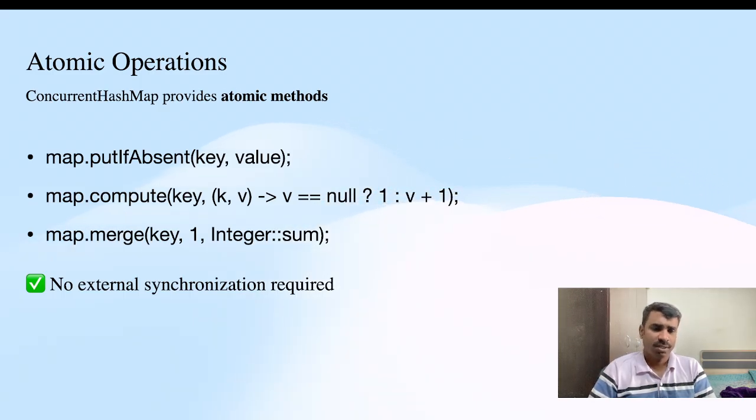The atomic methods are putIfAbsent, compute, or merge. These three are atomic methods supported by ConcurrentHashMap. You do not need any external synchronization because atomic methods are thread safe by default.